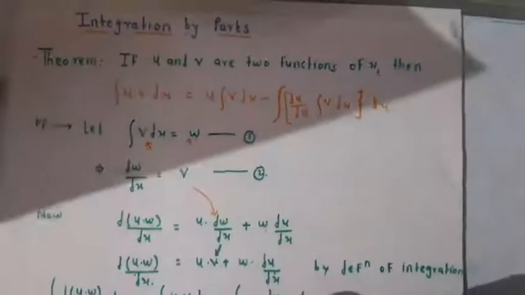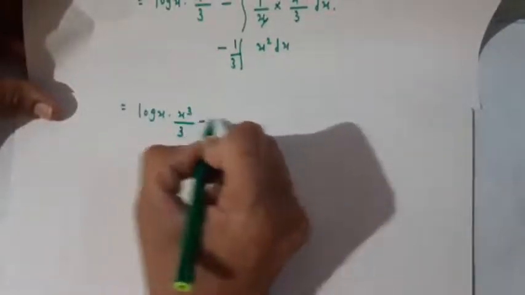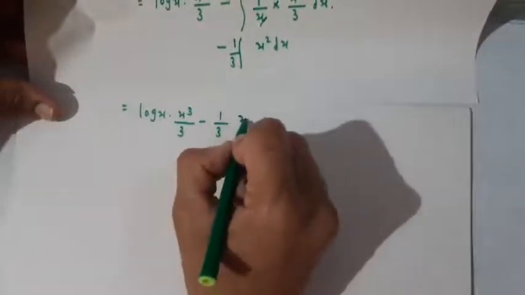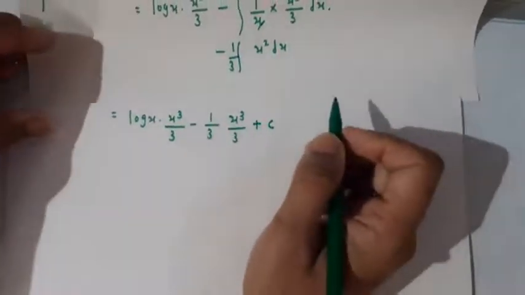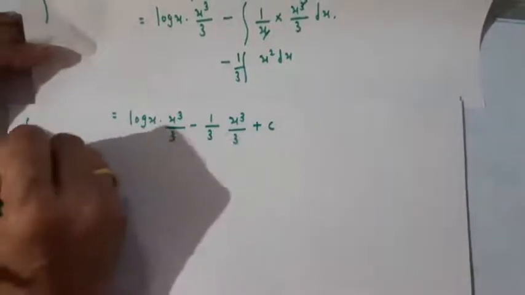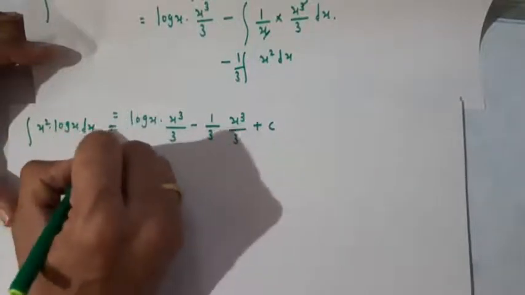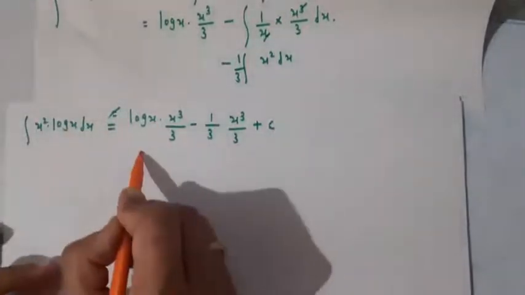Now this is equal to log of x into x raised to 3 by 3 minus 1 by 3 as a constant, and integration of x square is x raised to 3 upon 3 plus constant of integration c. In this way this is the integration of x square into log of x with respect to x. Okay students, in this way we have to solve the problem.